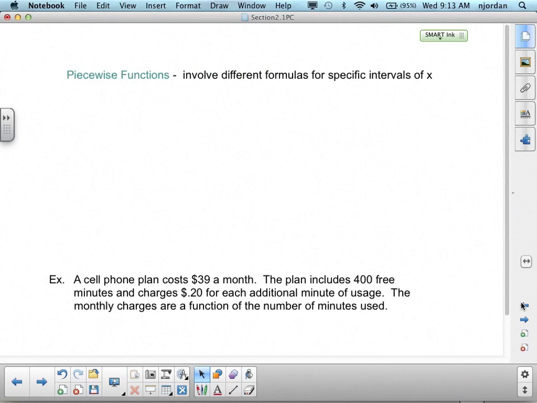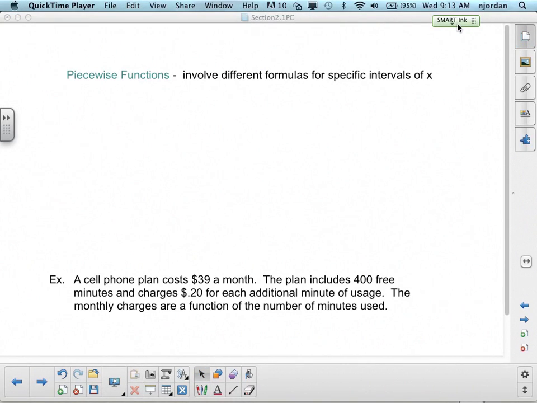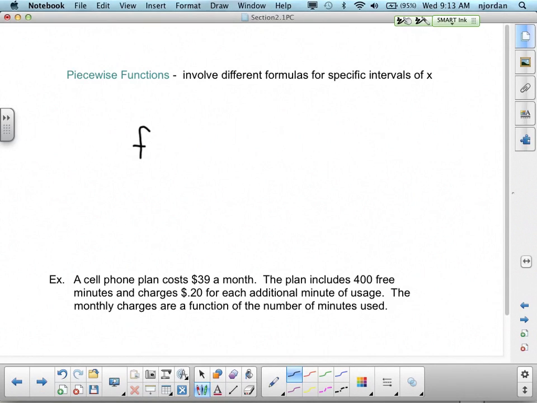I want to talk about piecewise functions. We're not going to graph them today. We'll do that later on this week. But piecewise functions are functions that, if you can see that, you have a couple different formulas. And what you do, we want to set up something like f of x.